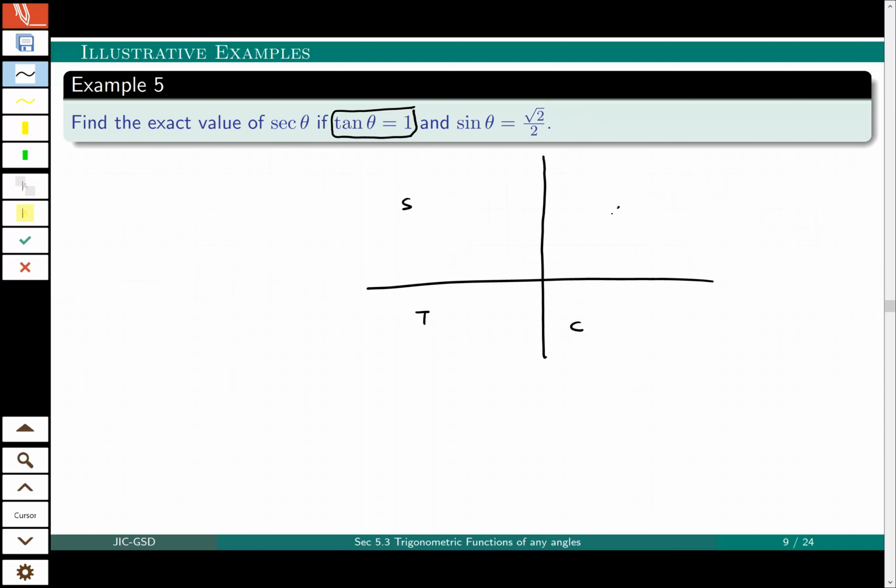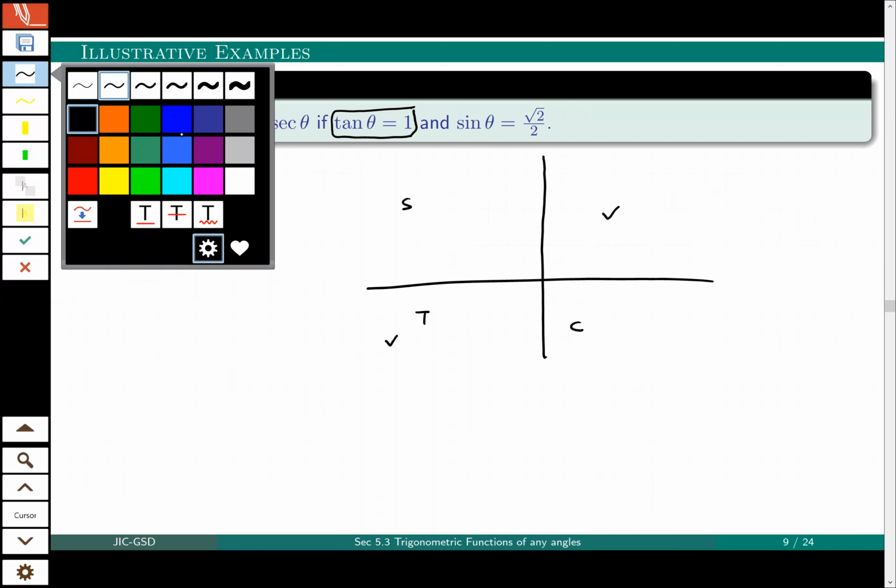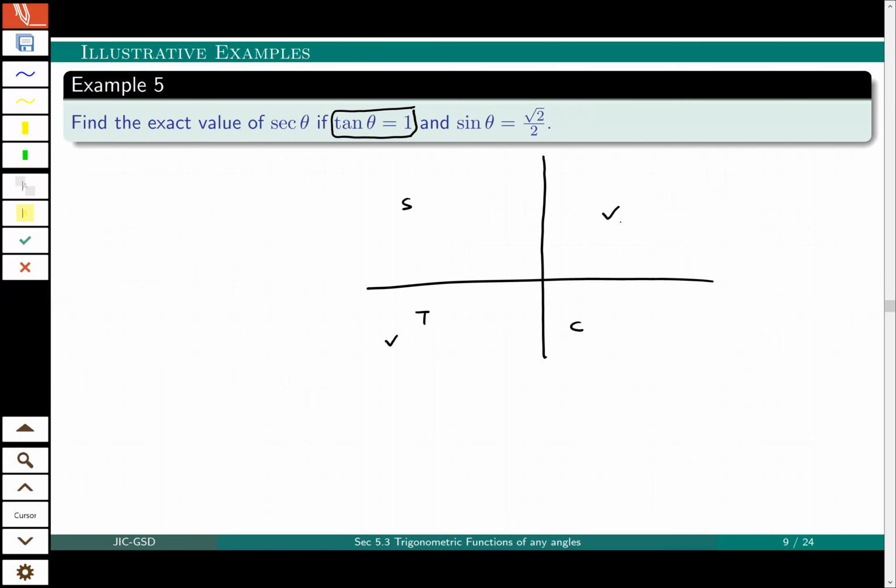We have it in quadrant 1, and we have it in quadrant number 3. That's the first condition. Tan is positive. Where is sine positive? Sine is positive in quadrant number 1 and in quadrant number 2. Now, where do we see both satisfying both conditions, it must be in quadrant number 1, where we have the 2 ticks.